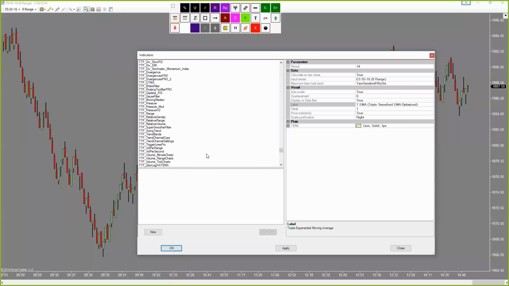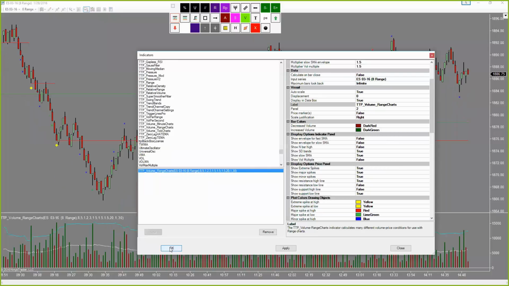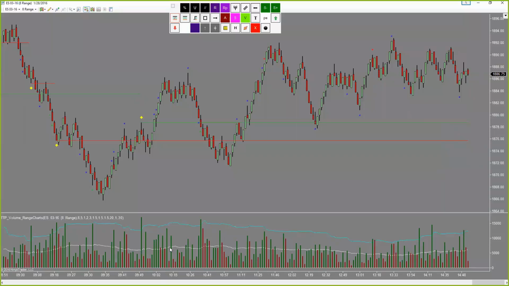Now we do have one TTP volume range charts. This one doesn't have the paint bar conditions because the paint bar conditions are built from the range of the bar. And here, the range of the bar is always the same. It's always 8 in this case.